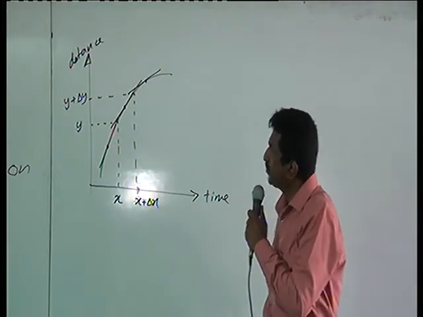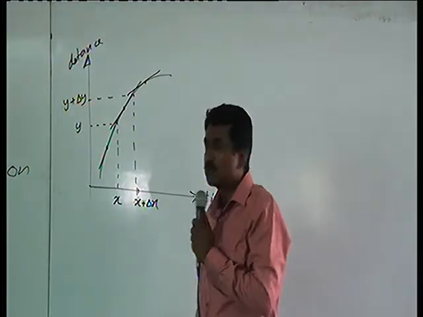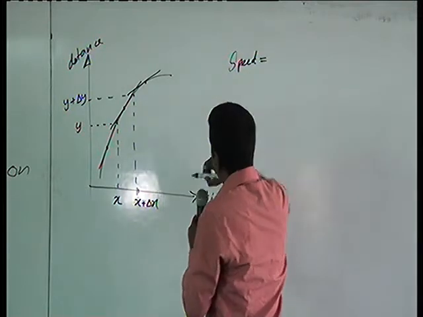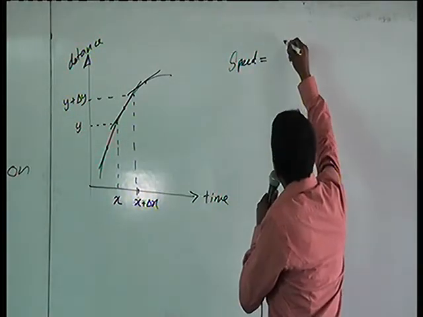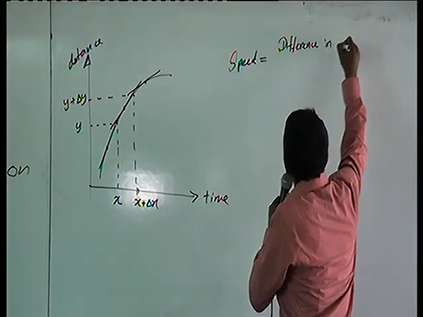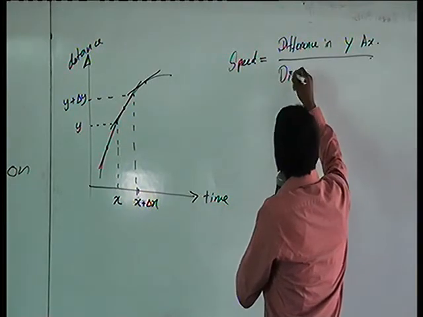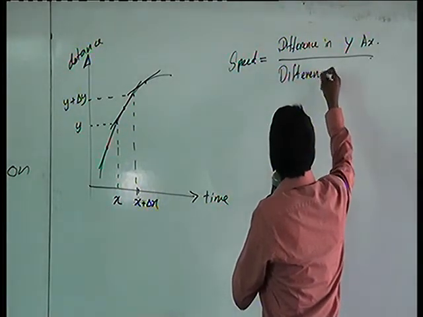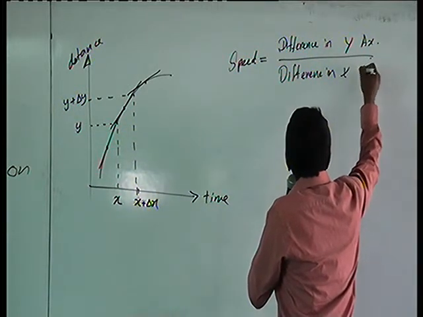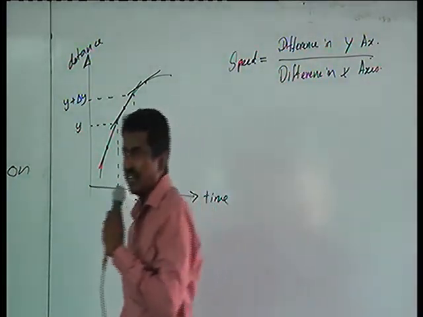Okay, so here, again I am going to calculate the speed. What is the speed? Speed is equal to the difference in the y-axis divided by the difference in the x-axis.